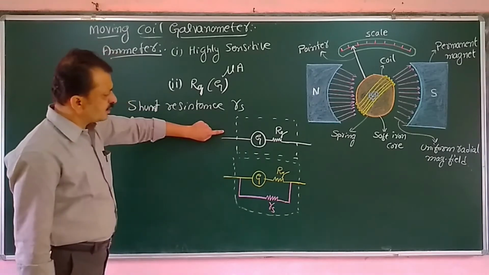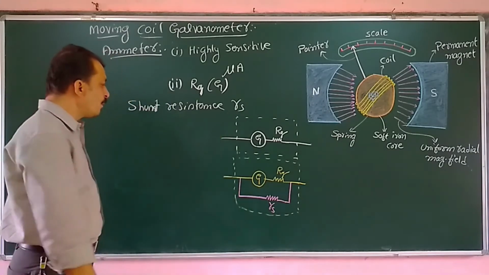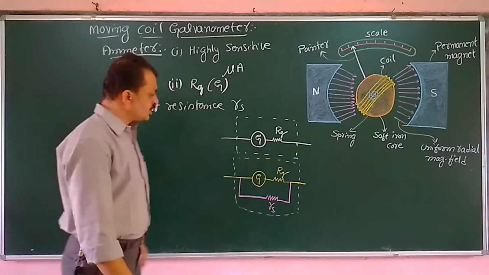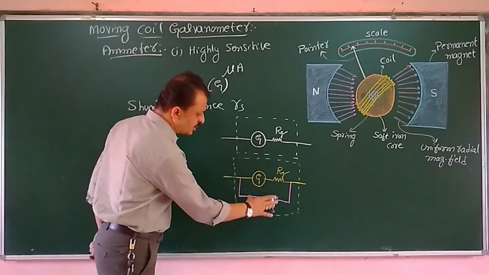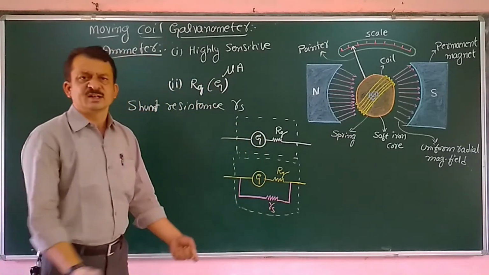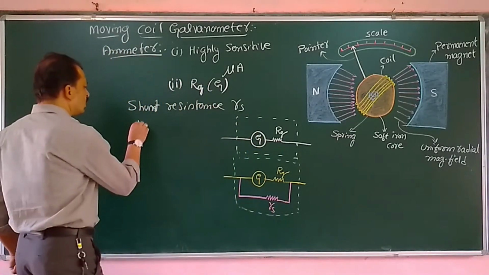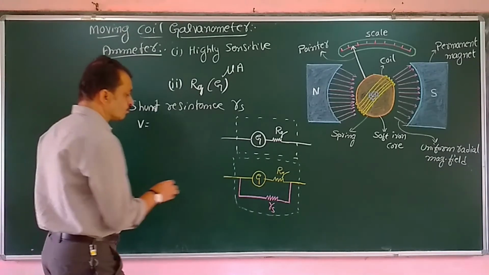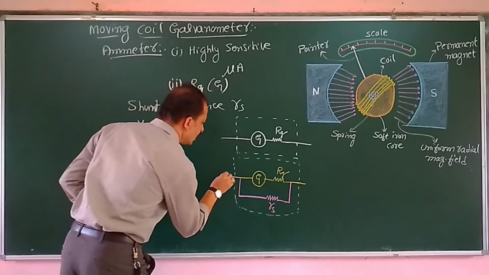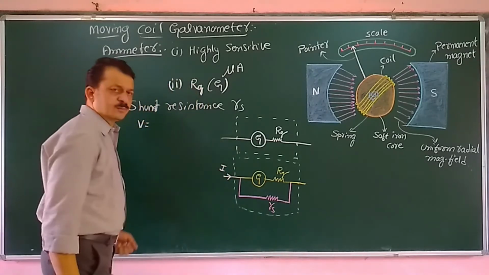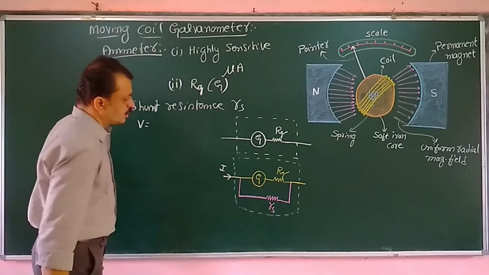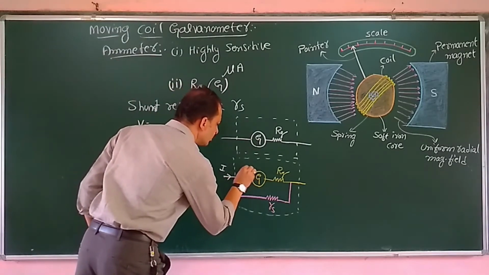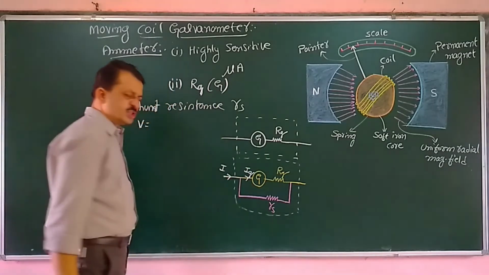So, what have we made? We have connected a small resistance in parallel. Since these two are in parallel, the potential drop across the galvanometer and the potential drop across the shunt resistor remain the same. If I is the current flowing through the circuit, let me take the current flowing through the galvanometer as Ig.